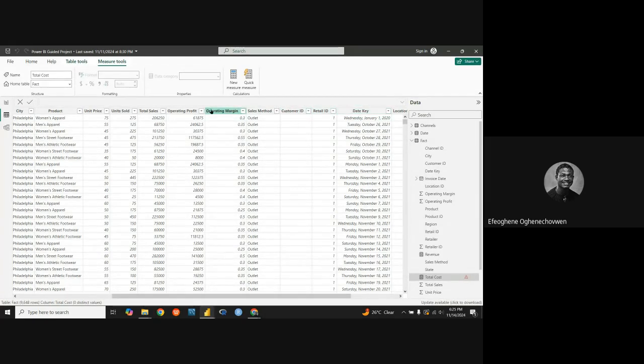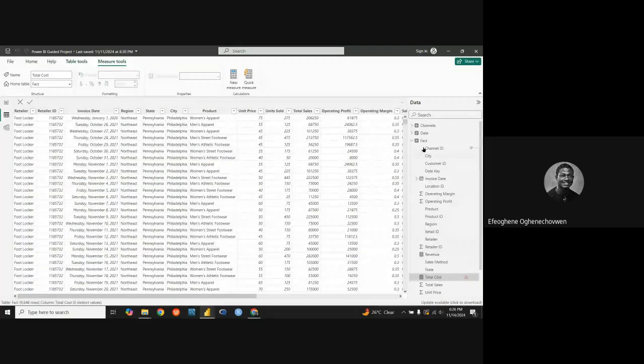We have operating profit already, and the operating margin is total profit over revenue multiplied by 100. We're not interested in the operating margin now.